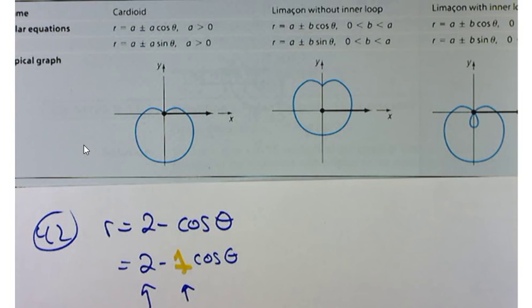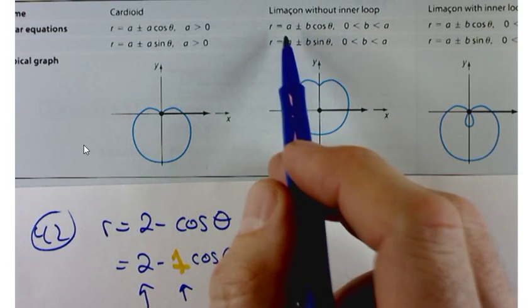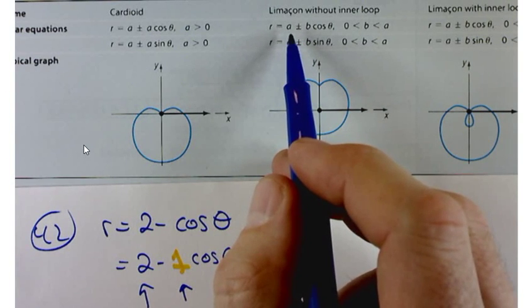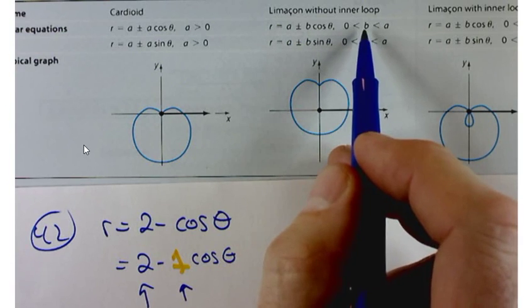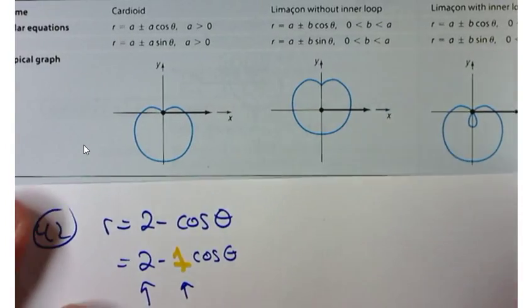Is it a limaçon with an inner loop or a limaçon without an inner loop? Let's take a look at it. If it's a limaçon without an inner loop, then B has to be smaller than A. Well, what's A and B in this particular case?